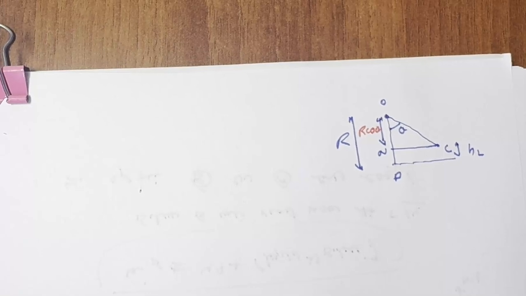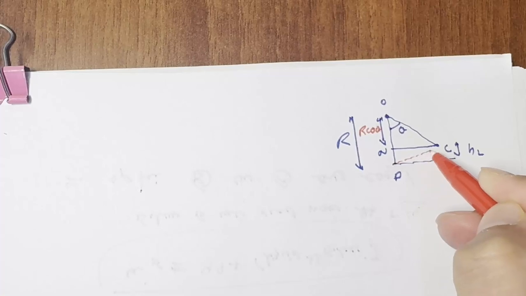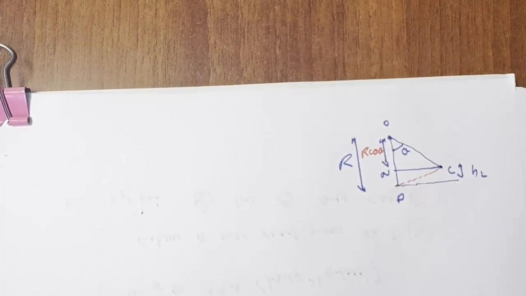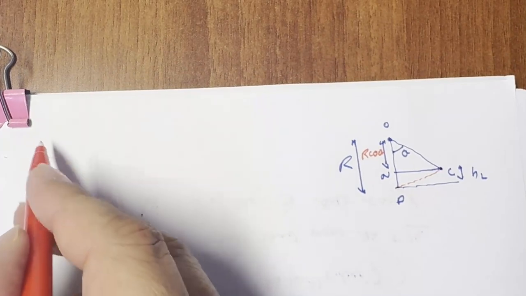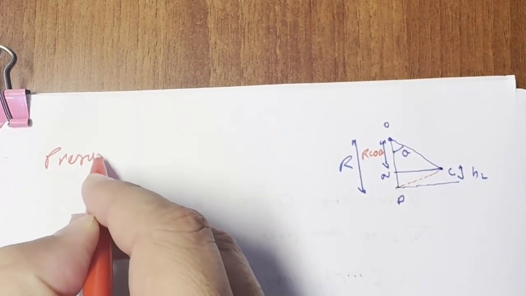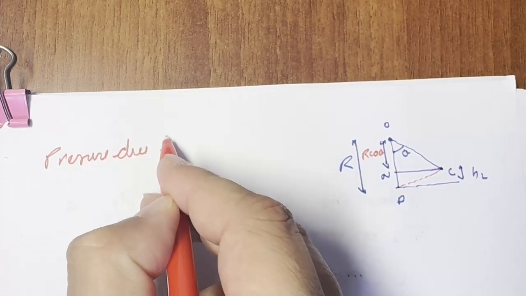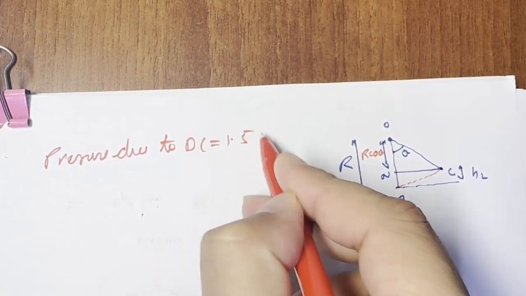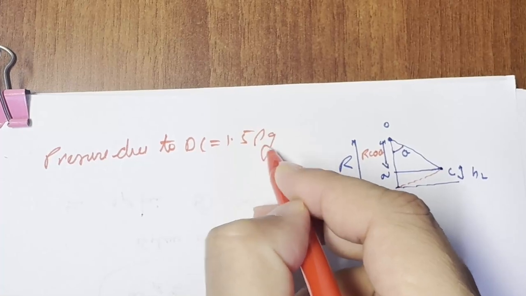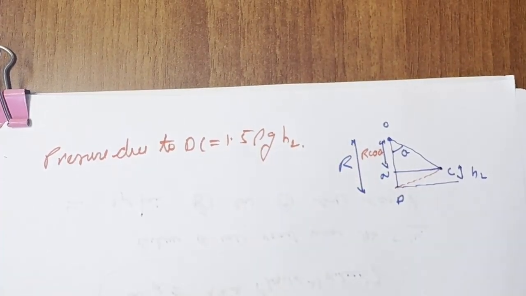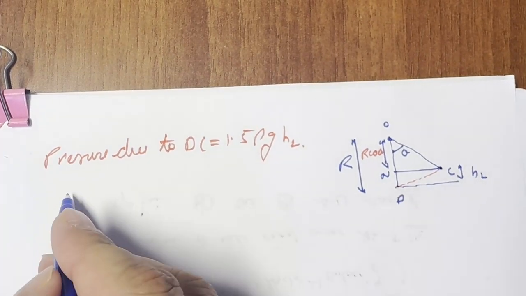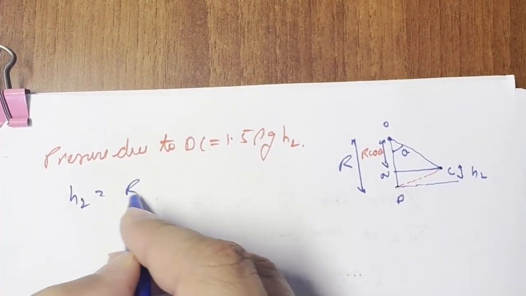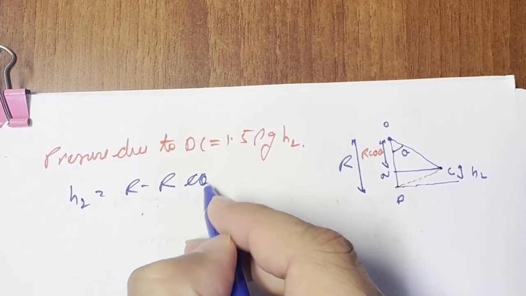So pressure due to this DC will be equal to 1.5 rho G and H2, and H2 can be written as R minus R cos of theta.